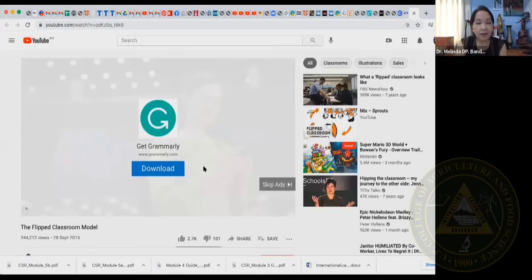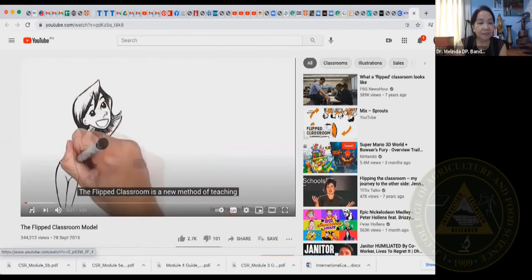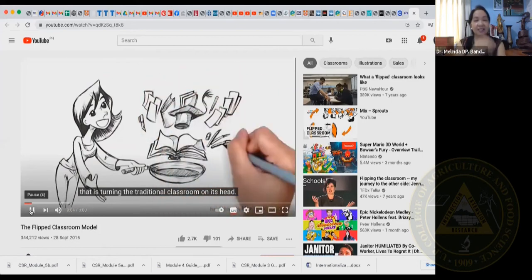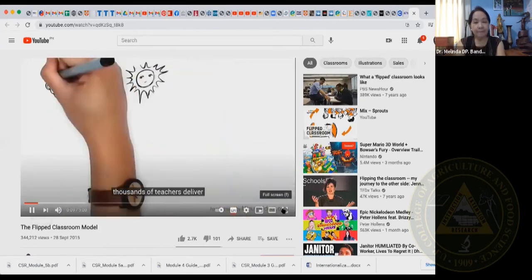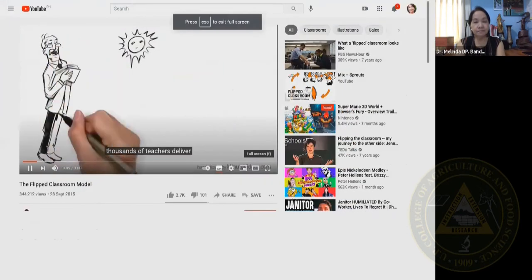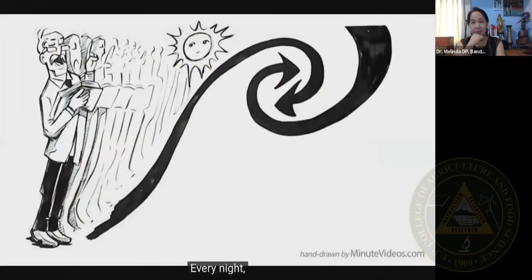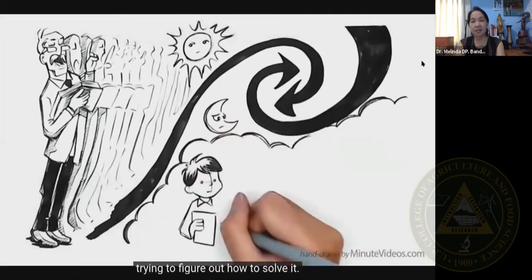Writing's not that easy, Okay, but so I have Grammarly to can help. This sentence is... The flipped classroom is a new method of teaching that Can you hear it? Naririnig nyo kanina? So, is turning the traditional classroom Ayan. on its head. Every day, thousands of teachers deliver the exact same lesson in class to millions of students. Every night, millions of students sit over the exact same homework, trying to figure out how to solve it.